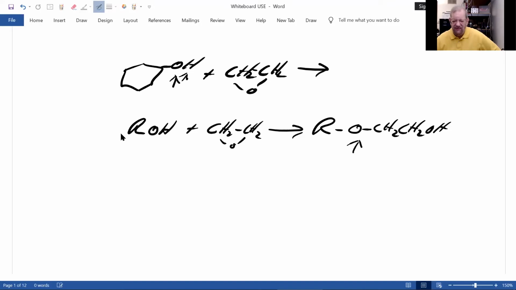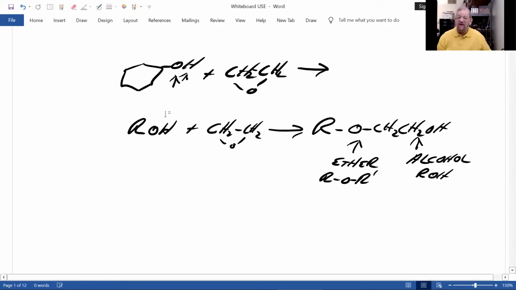Remember, this is an ether. Remember, ethers have this functionality, and this is an alcohol, and you have two functional groups in a molecule. And later in the semester, we'll talk more about this. Right now, I'm keeping most of the stuff to one functional group.